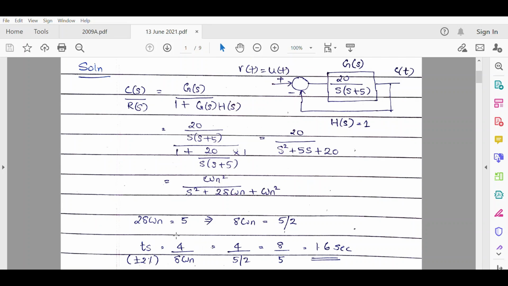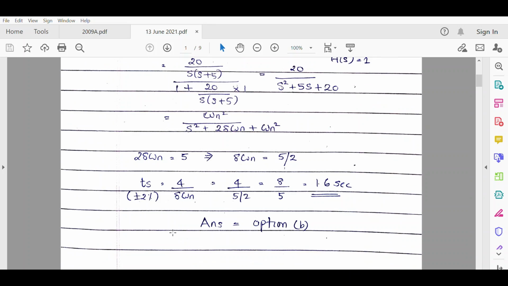Settling time for the 2% band is defined as 4 divided by delta omega n, and substituting the value of delta omega n we arrive at 1.6 seconds. If we analyze the options, we find that the correct option is option B.